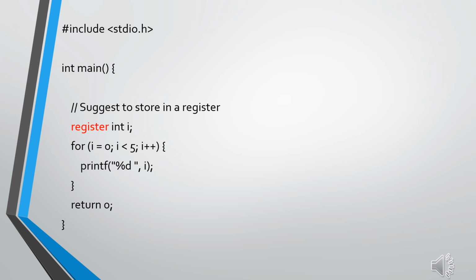Like auto variables, register variables also have automatic storage duration. The register variable is declared in the following manner only: register and then the data type and variable. Each time a block is entered, the storage for register variables defined in the block is accessible, and the moment the block is exited, the variable is no longer accessible for use.